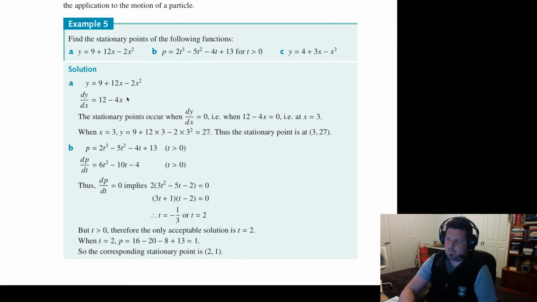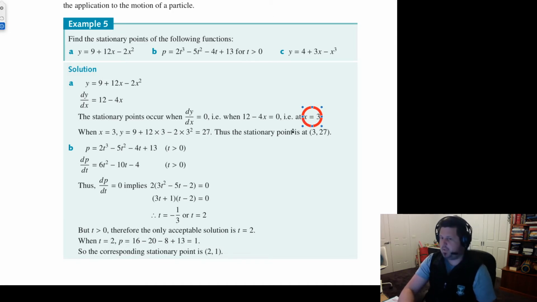You would rearrange and move 12 over to this side, so you've got negative 12. Divide both sides by negative 4, and you end up with x equals negative 3. Cool, we've found the location of the stationary point. It occurs at x equals 3.